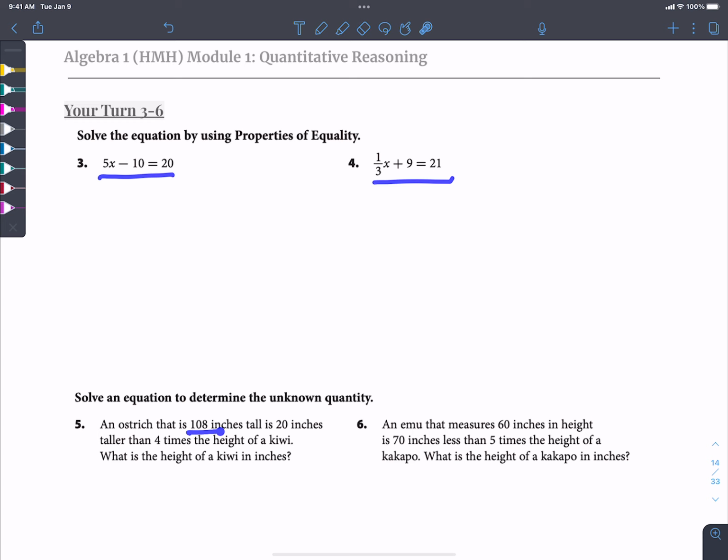And then what else? Taller than 4 times the height of Kiwi. And then you might want to copy 70 inches less than 5 times. Okay, those are the missing values. And once you go ahead and try this problem, why don't you pause the video first?